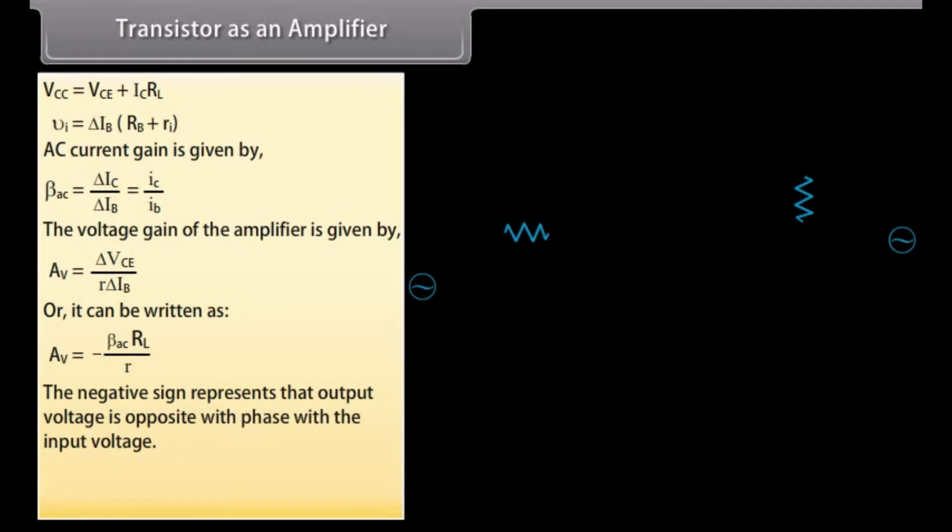The negative sign represents that the output voltage is opposite in phase with the input voltage. The power gain of the amplifier is given by AP is equal to the product of beta AC and AV.